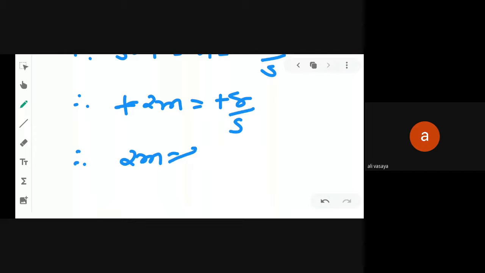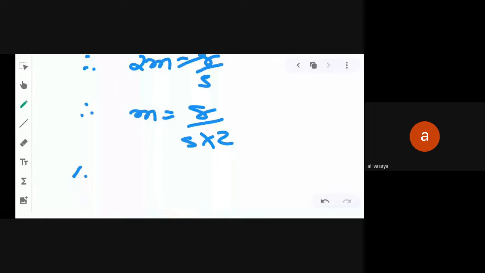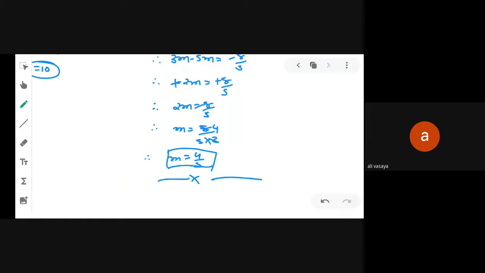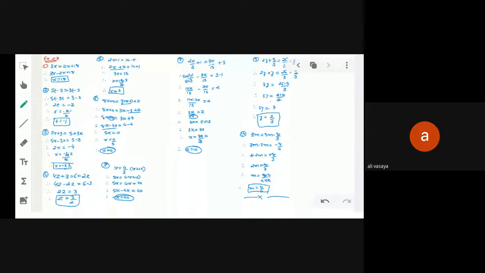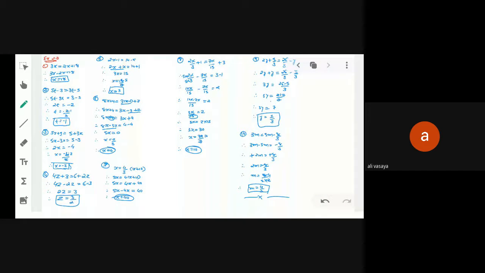So now we have 2m is equal to 8 by 5. And if you want to find the value of m, we have to divide with 2 because 2 is in multiplication with m. 2 4s are 8. So m is equal to 4 by 5. Here your exercise 2.3 completed. Now in next lecture we will do exercise 2.4, again problem sums. Now write down question number 10.